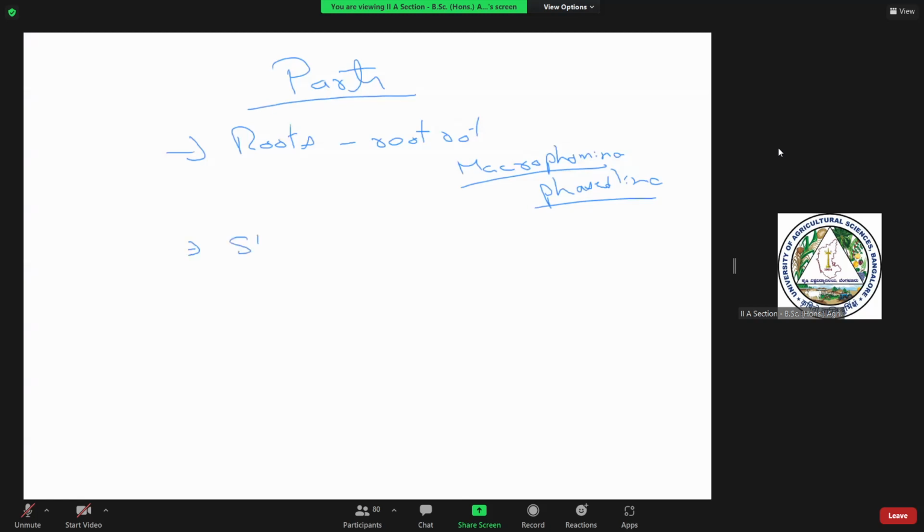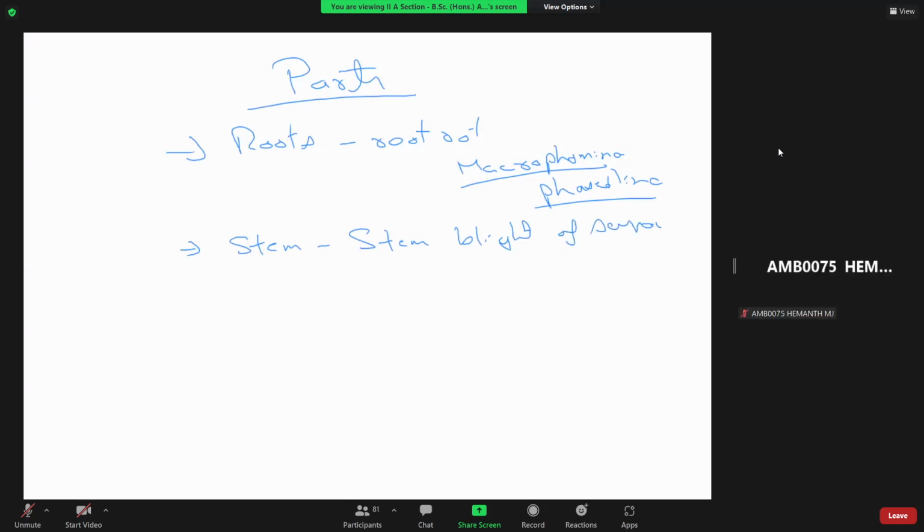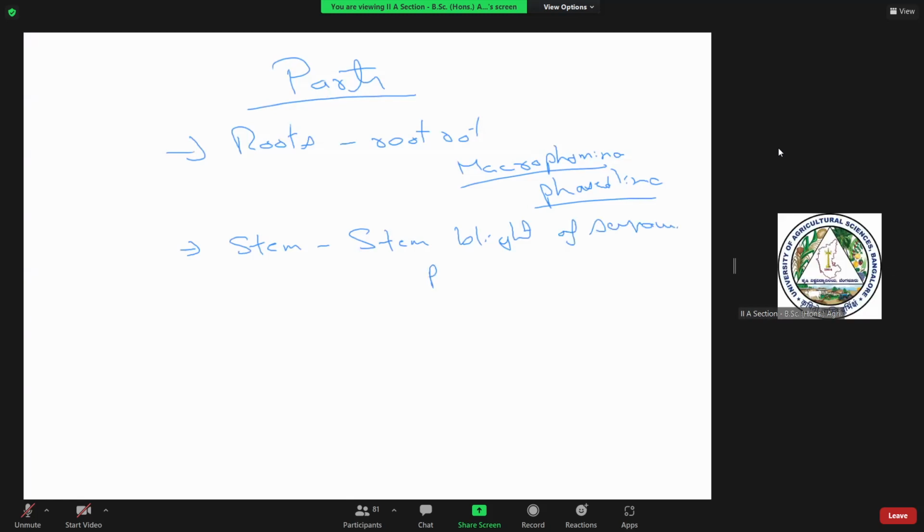And similarly, the diseases caused on the stem. There are some diseases which are often seen on the stem region. One is the stem blight of salmon, which is caused by Phytophthora drechsleri. Phytophthora drechsleri is a causal agent of the stem blight of salmon.